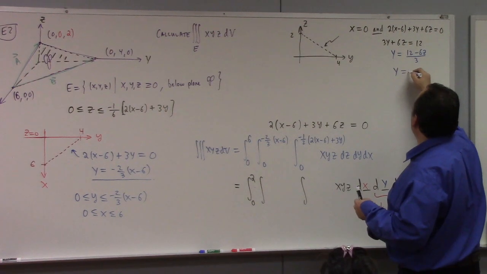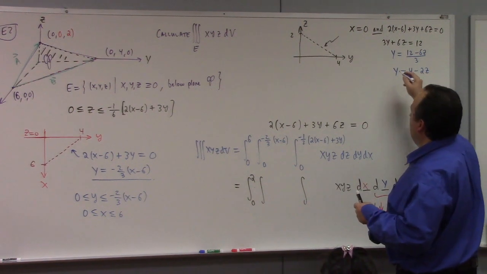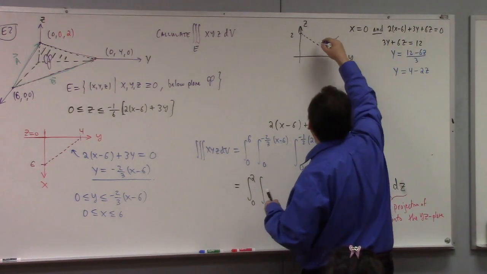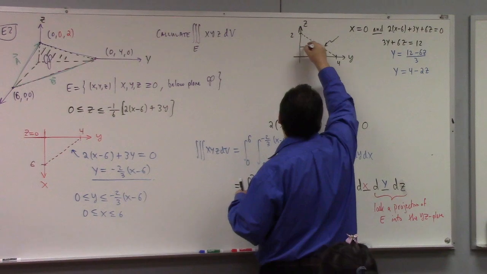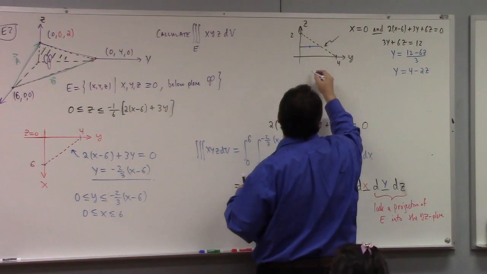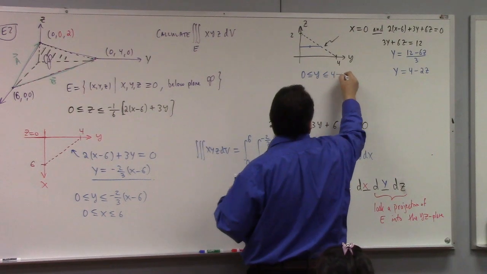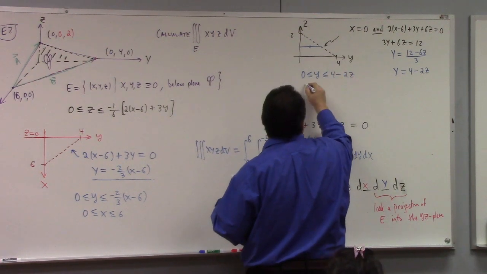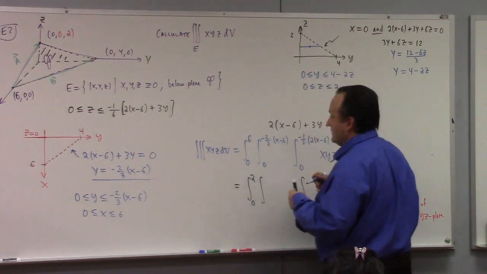In other words, y is equal to 4 minus 2z. If we look at it this way, any point in there, we have 0 less than or equal to y less than or equal to 4 minus 2z. And then, of course, that's true for what you wanted me to do, 0 less than or equal to z less than or equal to 2.